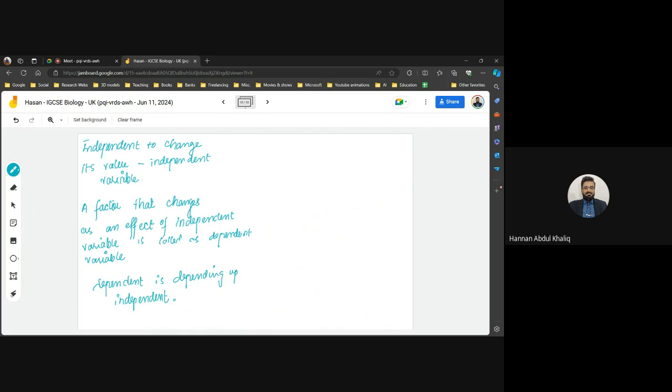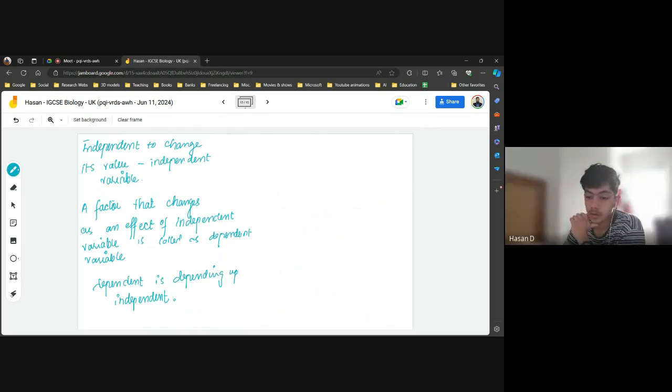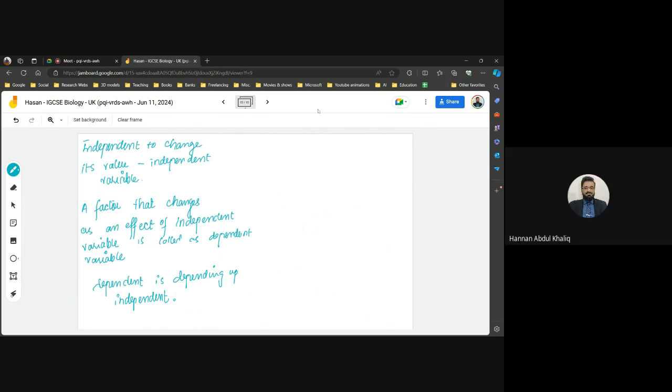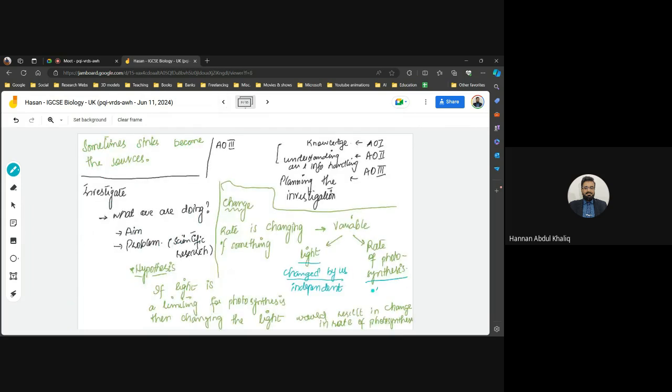Is it understandable? Yes. So in this case, what is the dependent variable? The rate of photosynthesis. Yes. So it means light is being changed by us while the photosynthesis is changing because the photosynthesis is depending upon the independent variable, that is light.